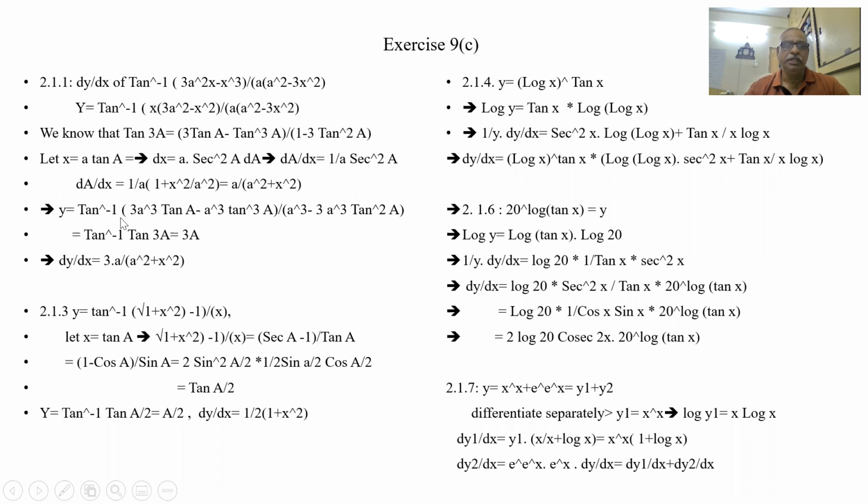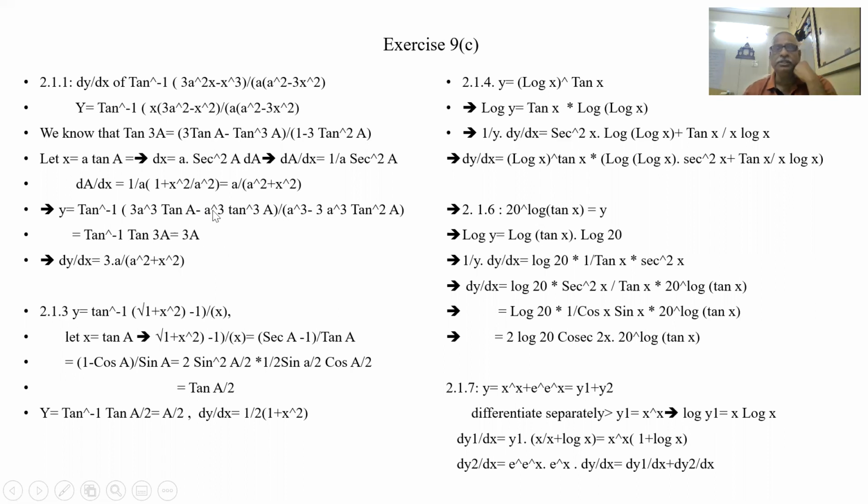So now y is tan inverse of 3a cubed tan a, because x I am taking as a tan a, minus a cubed tan cubed a by a cubed minus 3a cubed tan square a. I am taking out a cubed, getting cancelled.